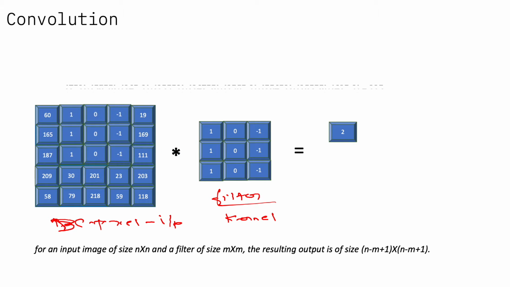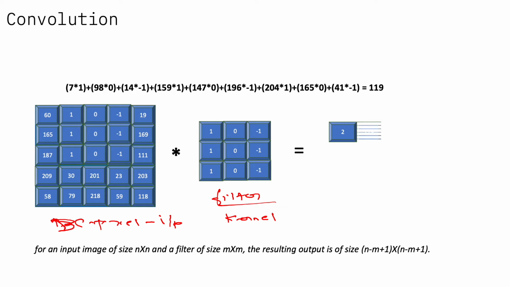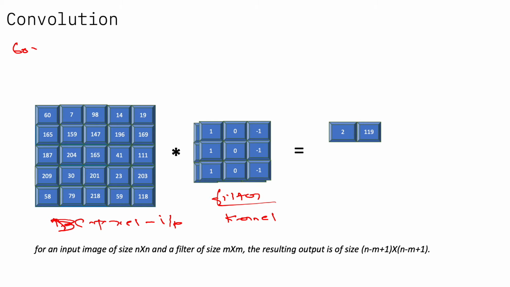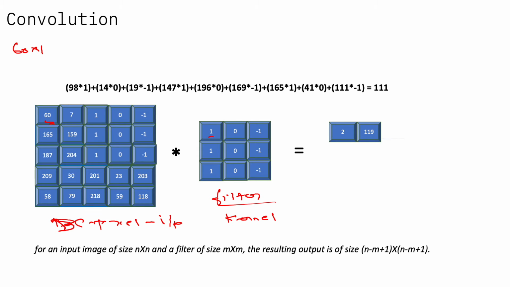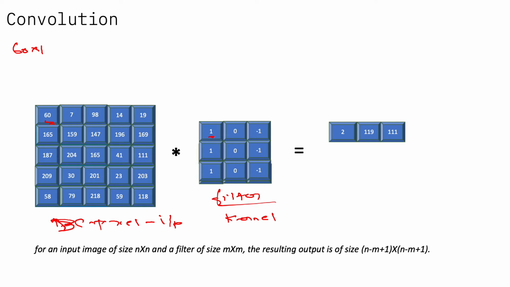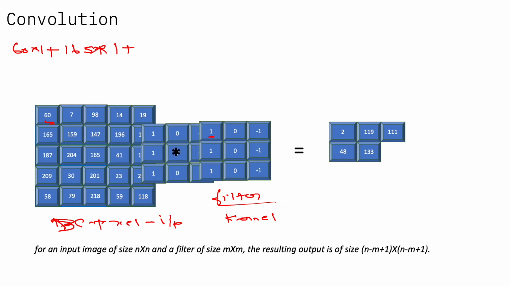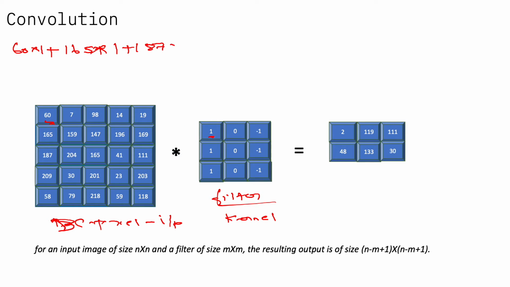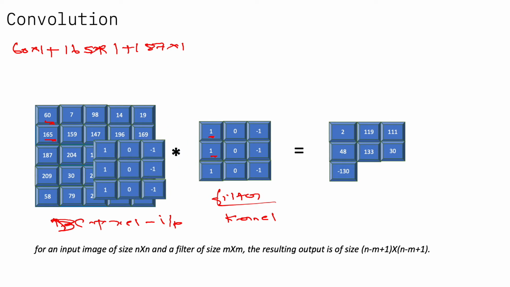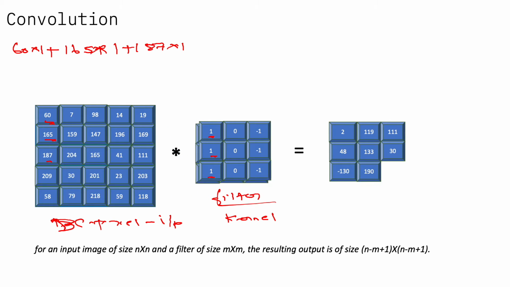To show you an example, we multiply 60 times 1, which is this element, multiplied by its corresponding 1, plus 165 times 1, plus 187 times 1, which is what I've represented over here.